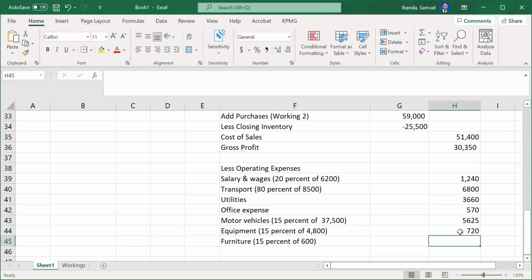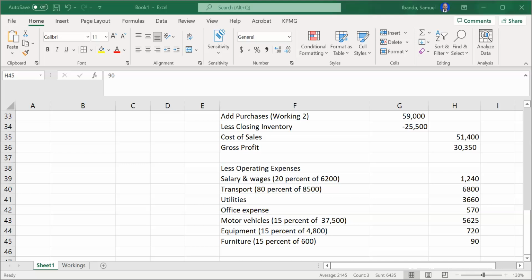And this one? 9,000, which is 900. Okay. I hope all of you get the same figures, those that are also calculating the same figures. Okay, if that is right.